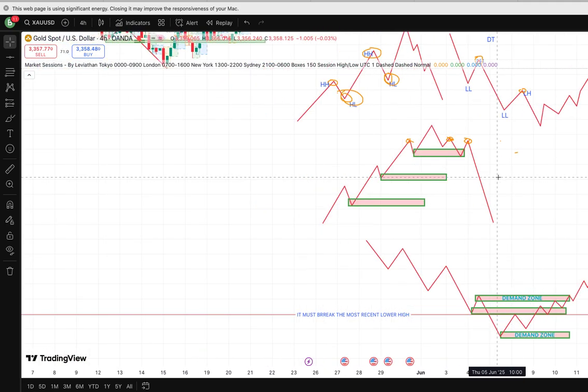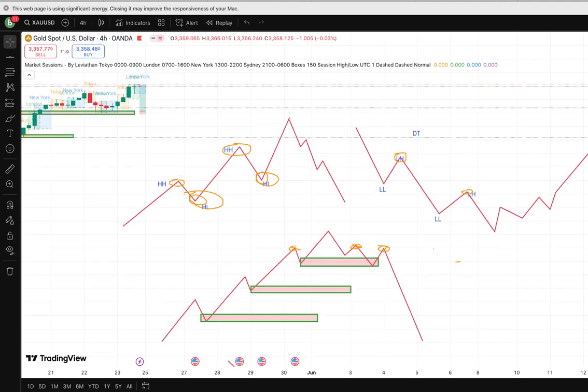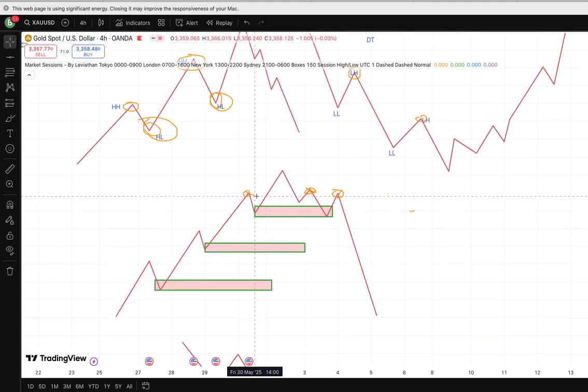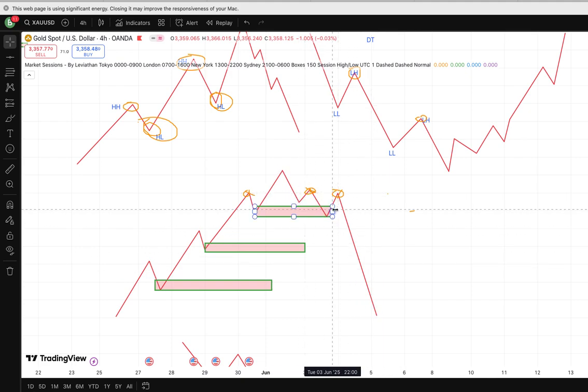If I'm not using the equal highs, you can see one equal high, another equal high, another high, three, and then the sell. I can use the last lower high. It must break it before I can sell.